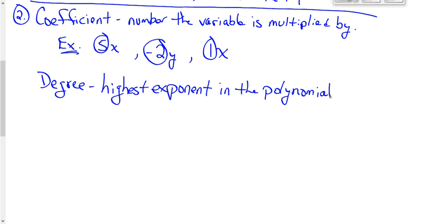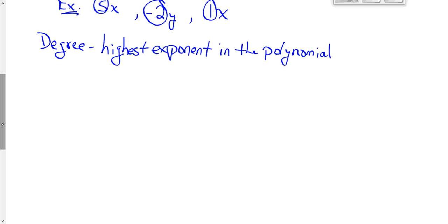Give you an example here. Let's say I have 3x plus 4. What's the highest exponent in this polynomial? It's 3x to the first, right? So we call this a first degree polynomial.